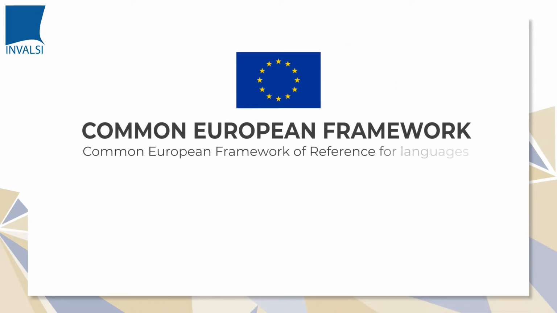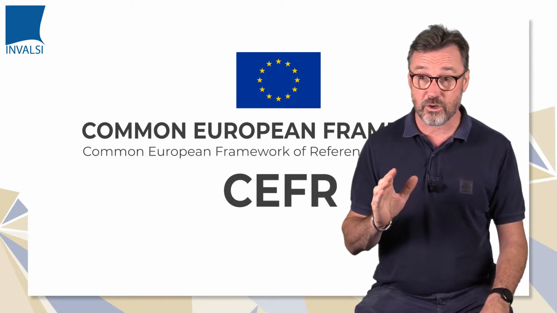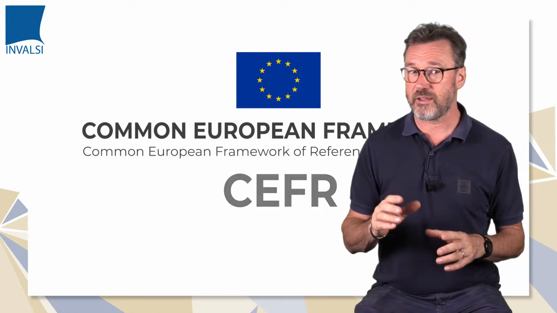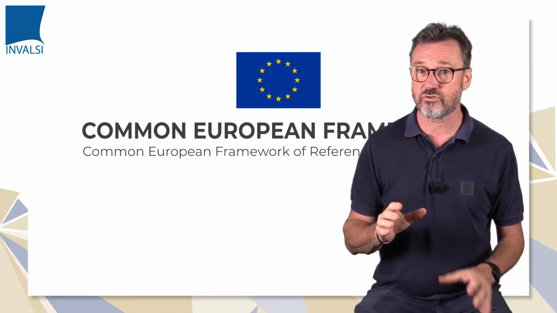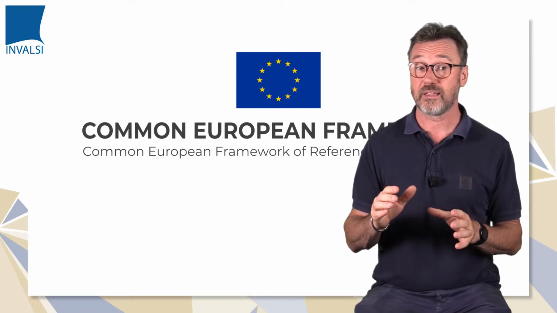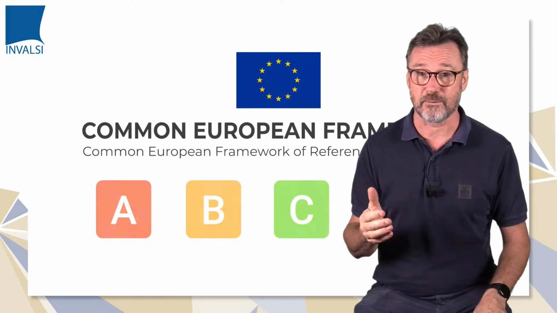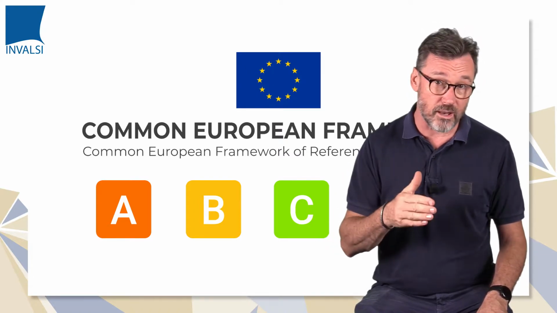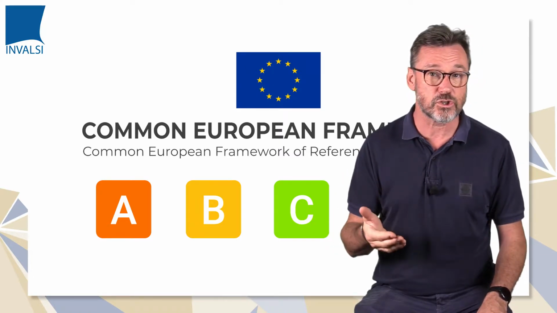The Common European Framework of Reference for Languages, or CEFR, is an international standard to describe competence in a foreign language. It was developed by the Council of Europe and is structured on a progressive scale, A, B and C, further developed into substages from A1, beginner, to C2, proficient user.